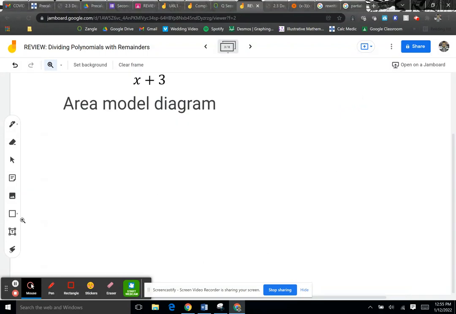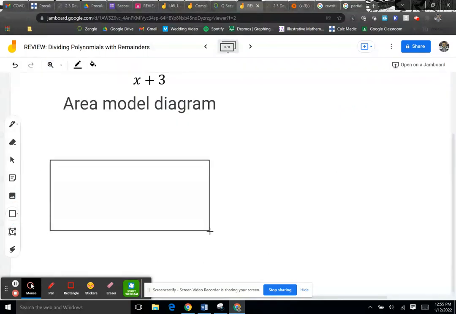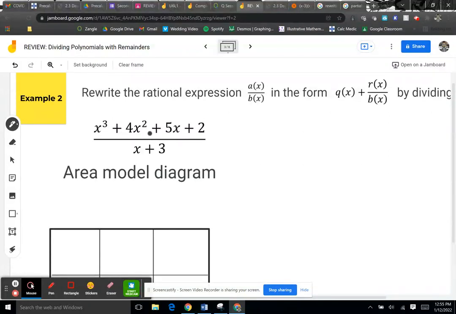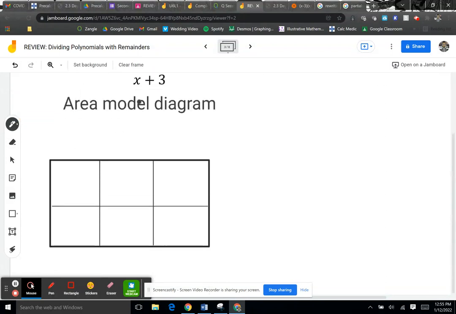Setting up my diagram, make the rectangle, and I'm going to divide this into these sections here. I'm dividing x cubed plus 4x squared plus 5x plus 2 by x plus 3.